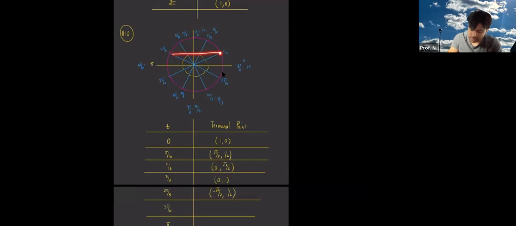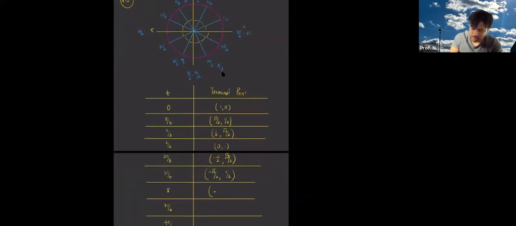Pardon me, this should be rad 3 over 2 for pi over 3 because I am comparing 2 pi over 3 with pi over 3. The x-coordinate has to be negated for this point, and for this point, the x-coordinate is negated as well for 5 pi over 6. So it's negative rad 3 over 2, comma, positive 1/2, and pi would be (-1, 0).